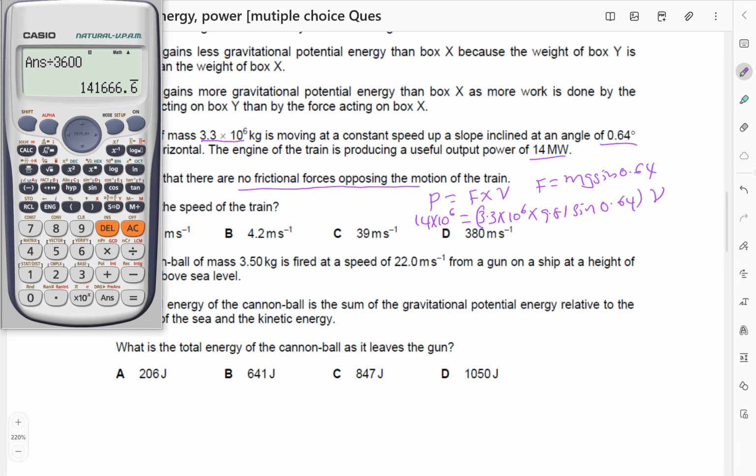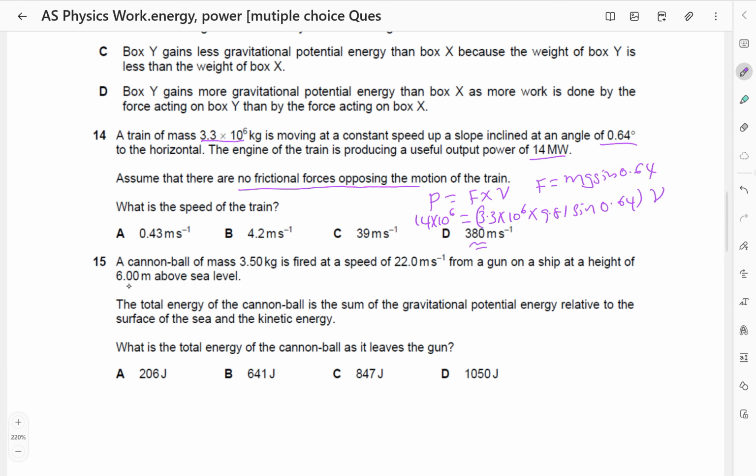I'll just check my calculator: 14 exponent 6, divided by 3.3 exponent 6 times 9.81 sine of 0.64. This is giving me 38.7, which is approximately 39. So v is 39 meters per second. So the answer is C.